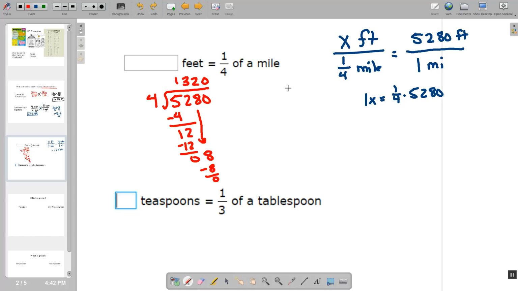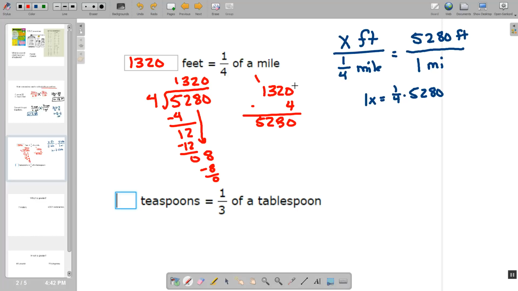For the sake of time, I did 5,280 divided by 4 for you, and I'm going to check my answer by multiplying that by 4. If I did this correctly, it should be equal to 5,280, which it is. So I get 1,320 feet is equal to 1/4 of a mile.